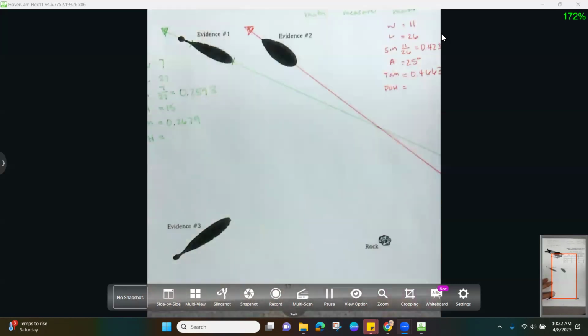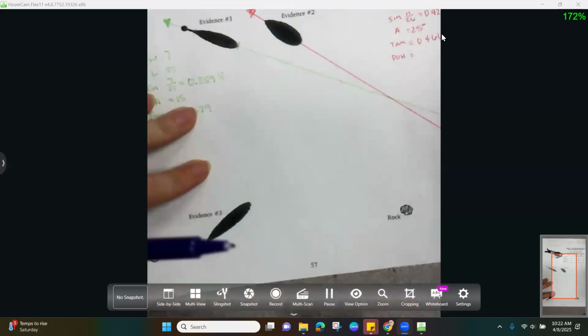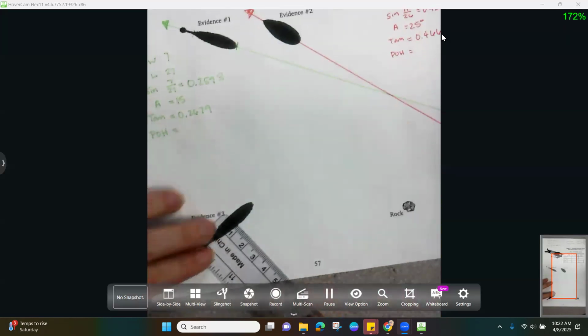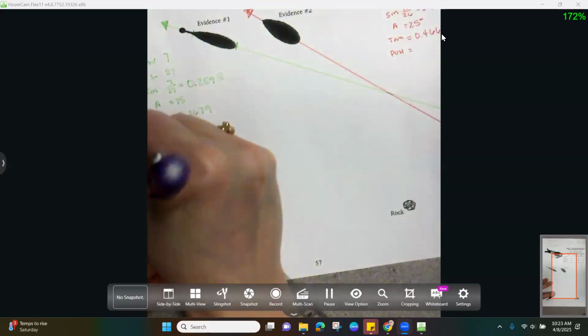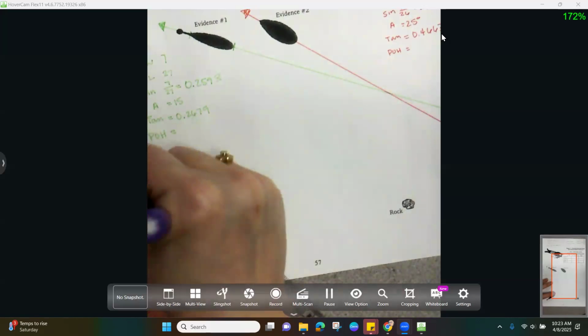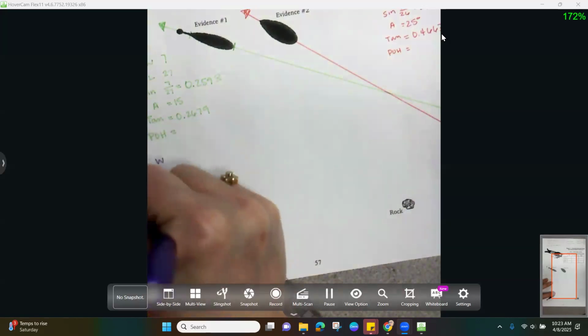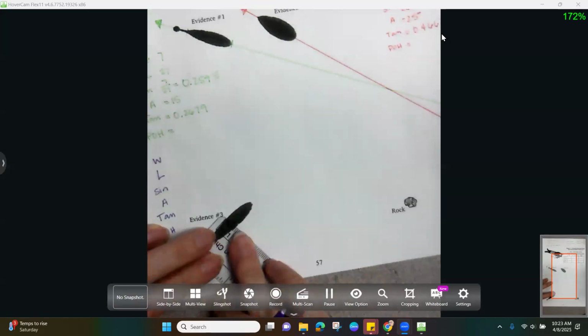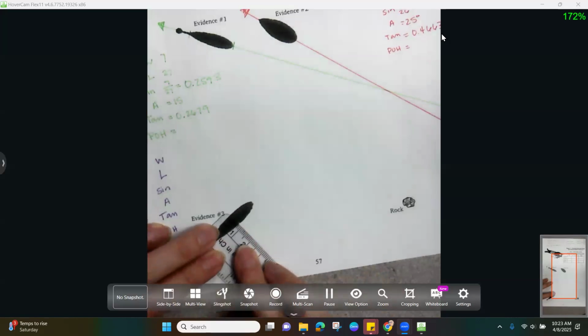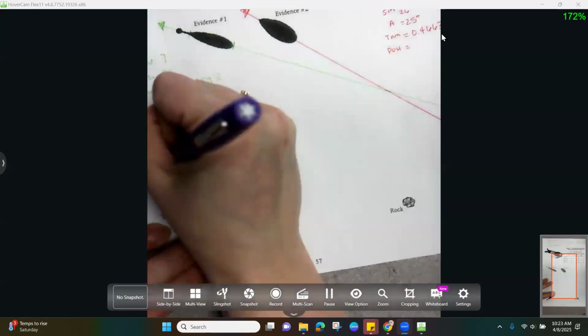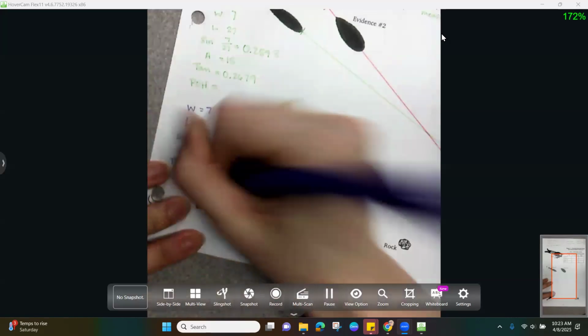So we're going to do our third blood drop. Width. Width of this blood drop is 7. Remember, don't include the tail.